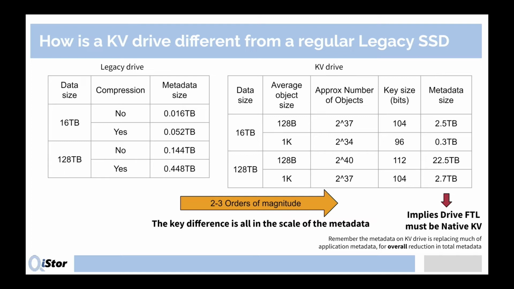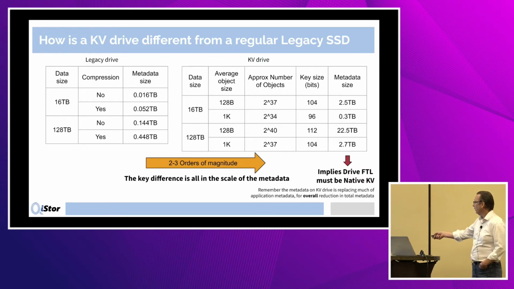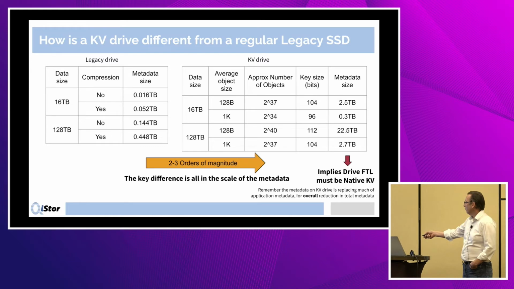So you can see this number here is very large compared to this here. And that's the key problem in building a key value SSD. What we're seeing here, between a legacy drive with and without compression and a key value drive, is 2 to 3 orders of magnitude more metadata. Look here, this configuration here, it's a massive amount of metadata.